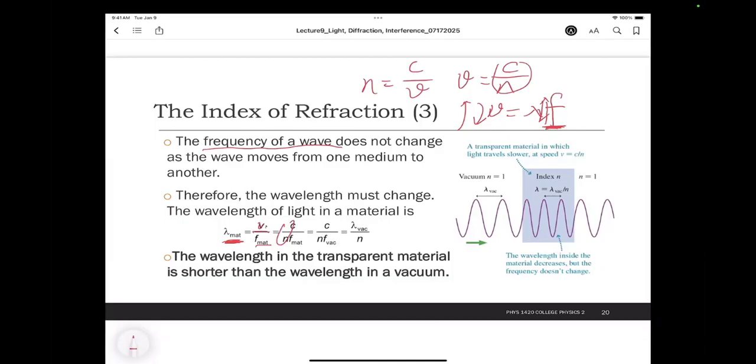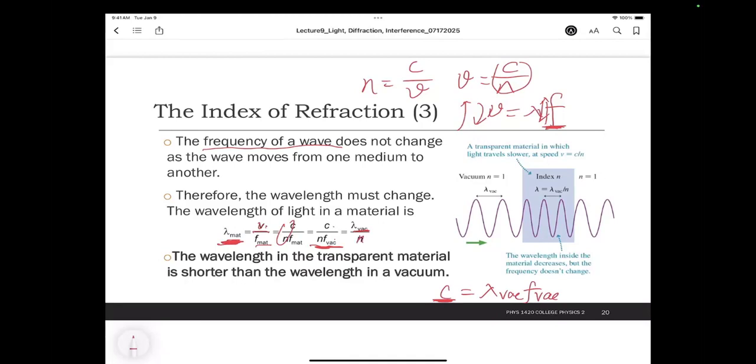And c divided by f is the wavelength in vacuum, because c is just the velocity in vacuum, c equals lambda f. So the wavelength in the material equals the wavelength in vacuum divided by n.